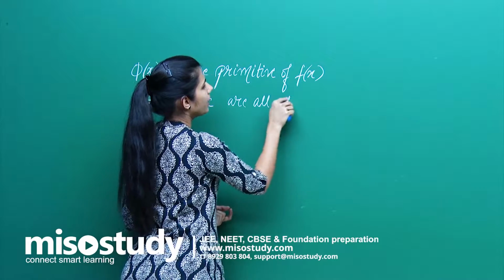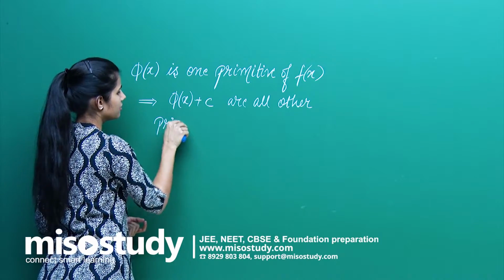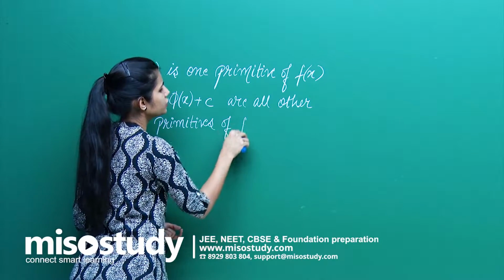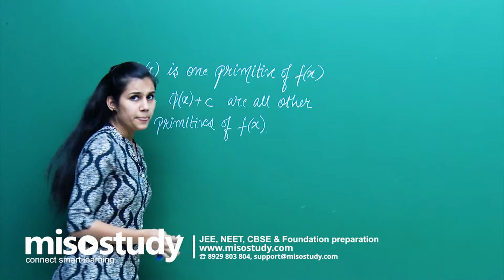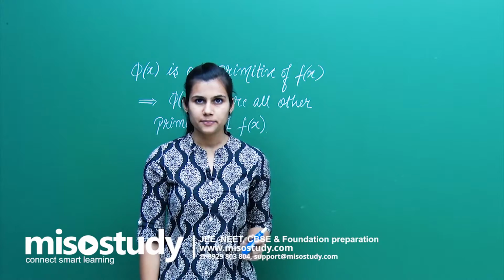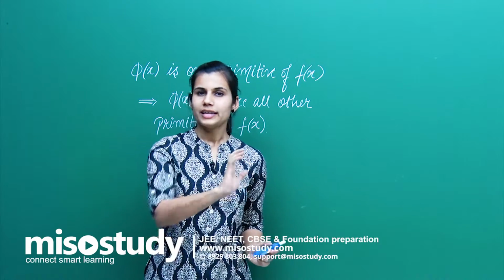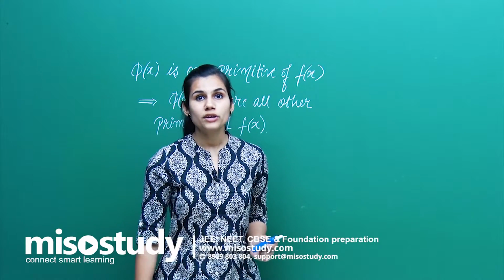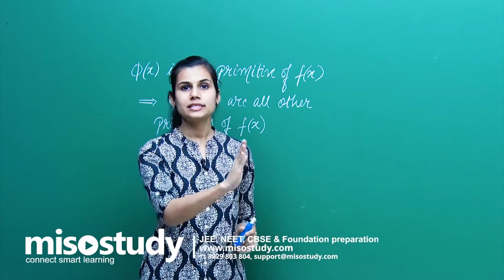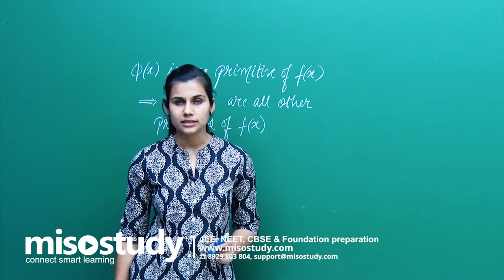They are all other primitives or antiderivatives of the same function f. That means if you collect all the primitives of f, how do they look? Phi x plus 1, phi x plus half, phi x minus 2, phi x minus 3 by 2, phi x plus 3.5, everything is in the form of phi x plus c, where c is any arbitrary constant, right?